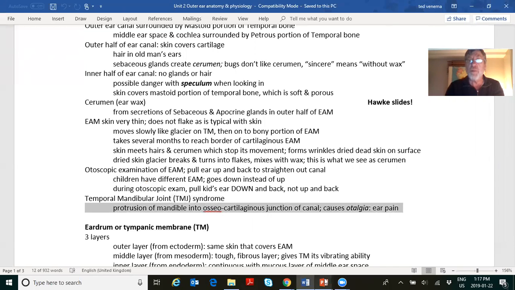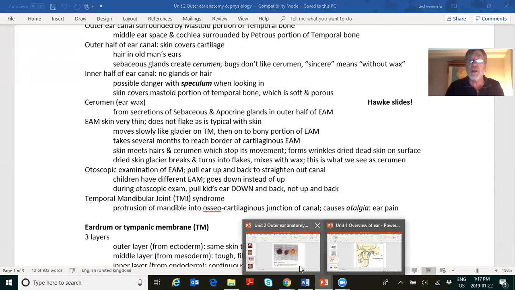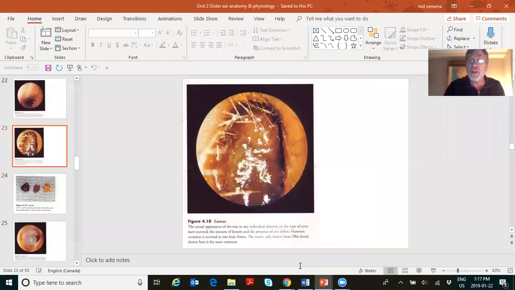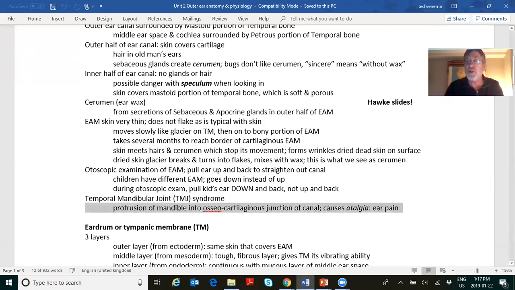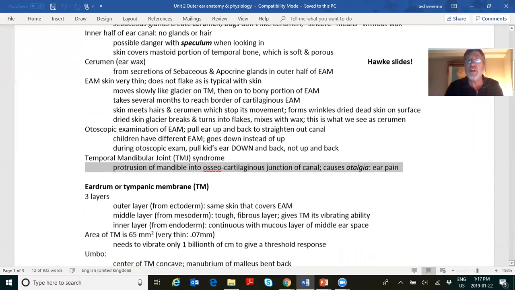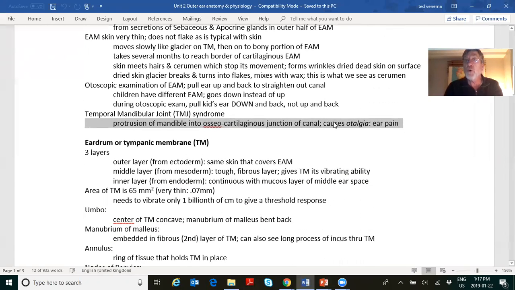So the mandible may actually be pushing a little bit into the ear canal, kind of behind here, and it really hurts. So just so you're aware of what that is, basically, TMJ, very, very painful. Causes otalgia, or ear pain.